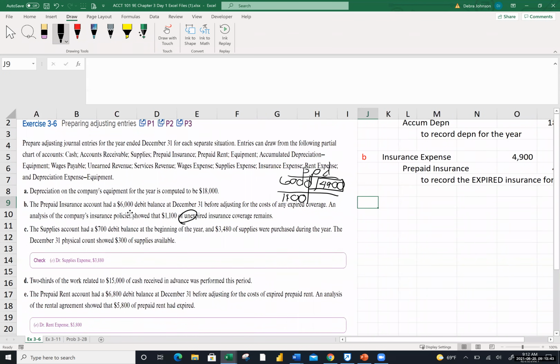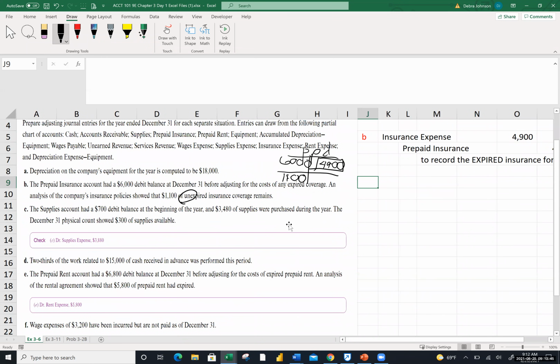Letter C, the supplies account. Here's another one where you got to watch it. He will go back and forth on the supplies. Sometimes he'll tell you how much is used up, and sometimes he'll give it to you the other way and make you figure it out. So I always draw a picture because I know how he goes back and forth.